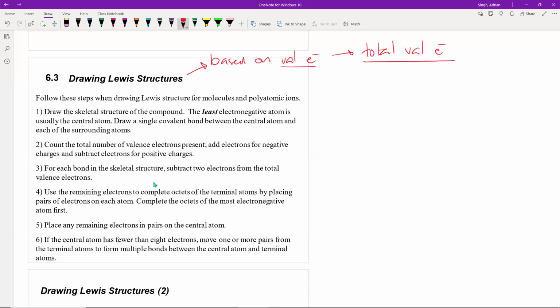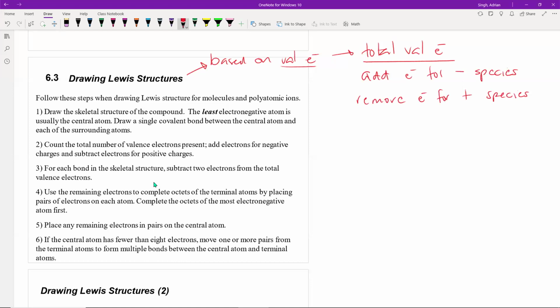If the Lewis structure for the thing you're drawing has an overall negative charge, we're going to add electrons to the count. Add electrons for negative species. And if your species has a positive charge, you're going to remove electrons off of the species. We'll see an example here in a second.